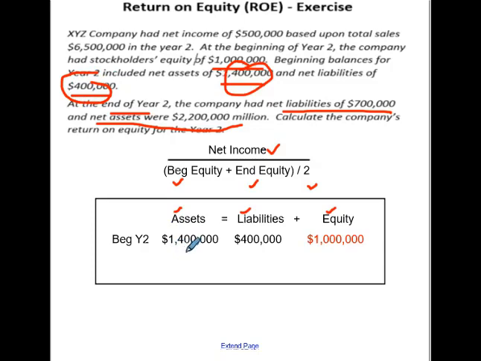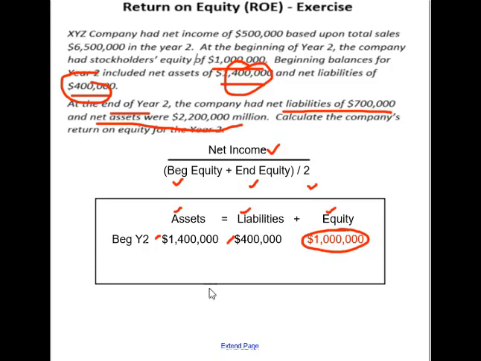So if I had $1,400,000 worth of assets and I had $400,000 of liabilities, in order for the balance sheet equation to balance, I must have had $1 million of equity at the beginning of the year. So now I've got my equity at the beginning of the year.